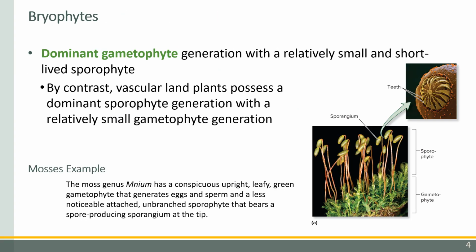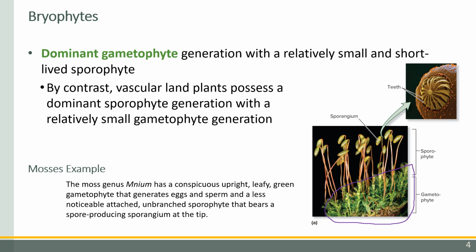In our bryophytes, they are a dominant gametophyte generation. So we haven't talked about alternation of generations yet, but we are about to. And in our moss, you can see these two different multicellular bodies that we were talking about. Down here on the bottom is the gametophyte.